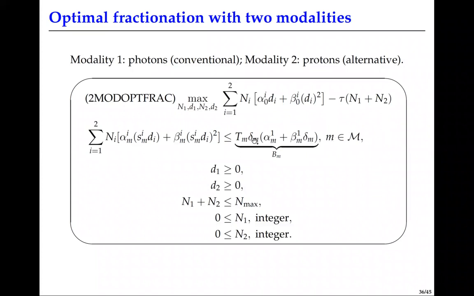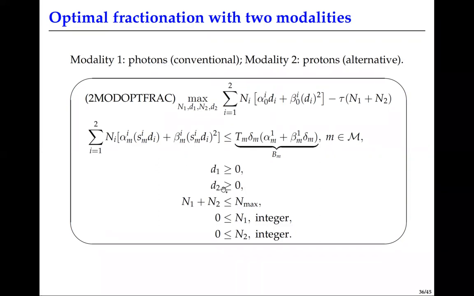One important idea here is that on the right-hand side, I have used the parameters for the first modality because that's the conventional modality. And therefore, it shows up here as what is known to be tolerated. In particular, this is the biological effect of using a dose delta_M via the first modality for T_M sessions.